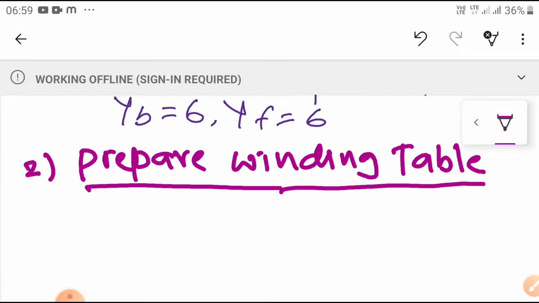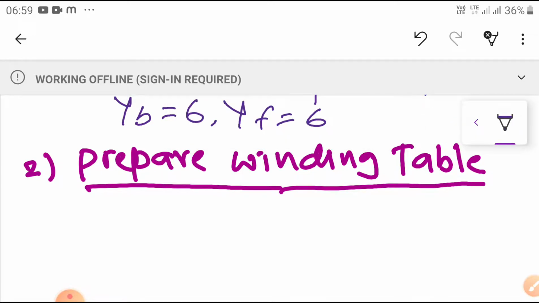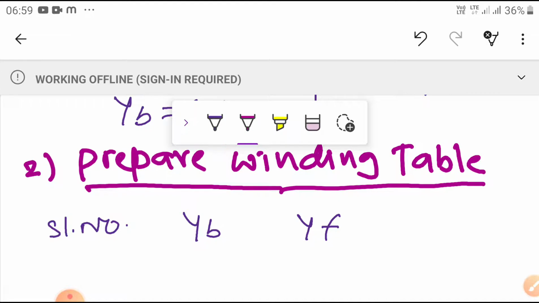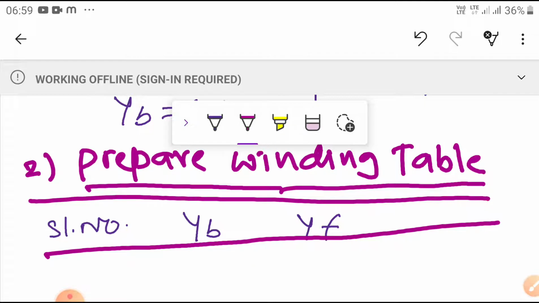For this purpose, first the serial number, back pitch and front pitch. You draw one table here, and based on this table you prepare the winding table.